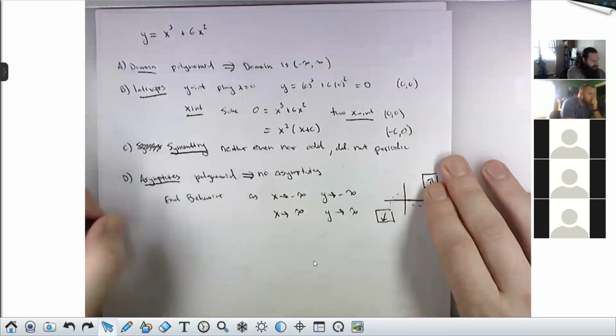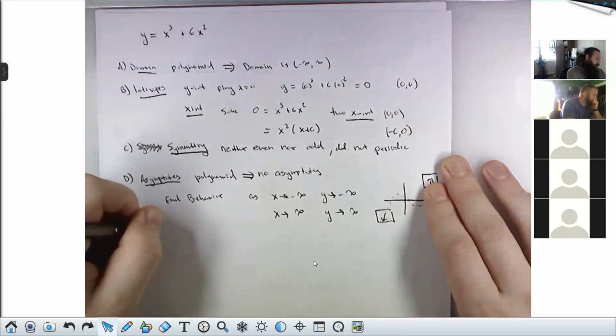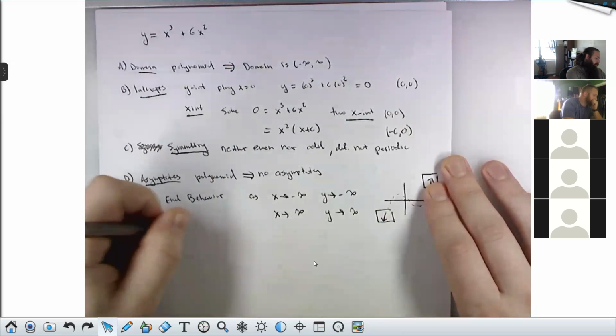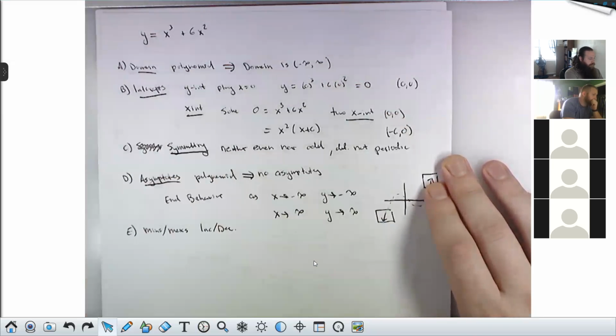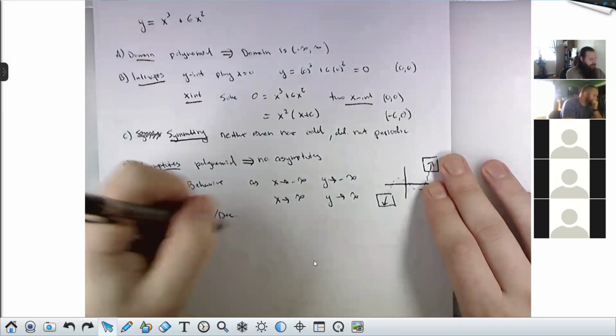I'm probably messing up these labels, but I'm going to go after mins, maxes, and increasing, decreasing next. So that means I need my first derivative.